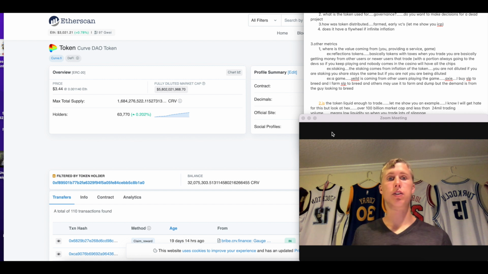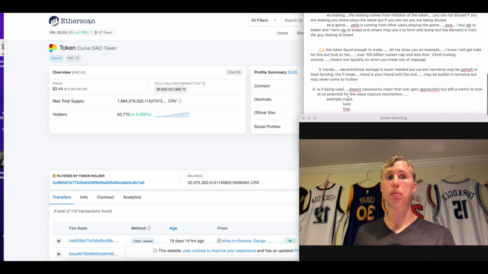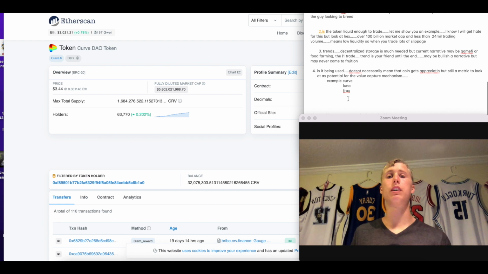So there is your use case. The yield is coming from someone else buying SLP in order to breed and play the game. As long as you understand where the money is coming from and you're okay with that, then you can play the game. You have to look at all these currencies, projects, farms, etc. as different games that you should choose if you want to play them or not.